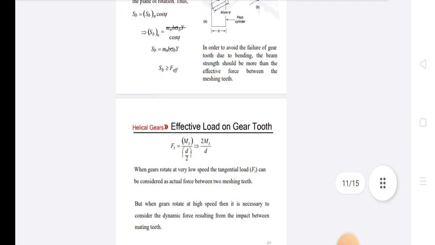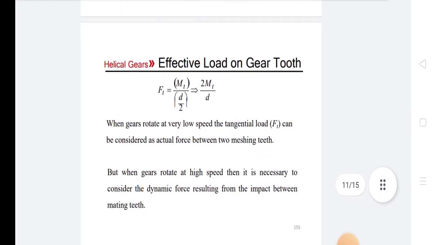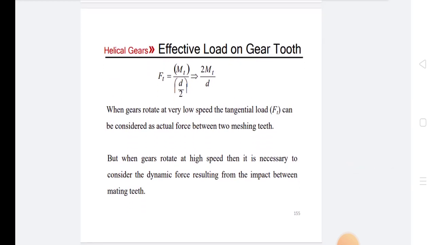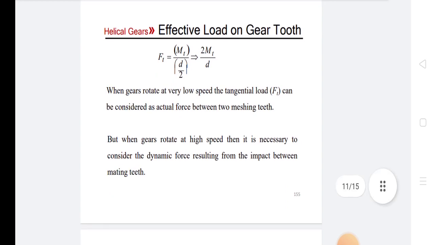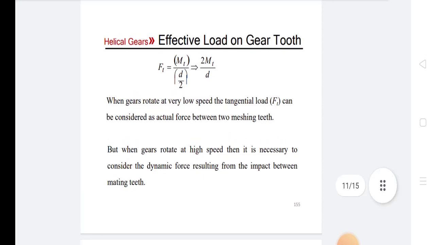So, Ft is equal to Mt upon d by 2, that is equal to 2Mt upon d. When gears rotate at very low speed, the tangential load Ft can be considered as the actual force between two meshing teeth. But when gears rotate at high speed, then it is necessary to consider the dynamic force resulting from the impact between meshing teeth.